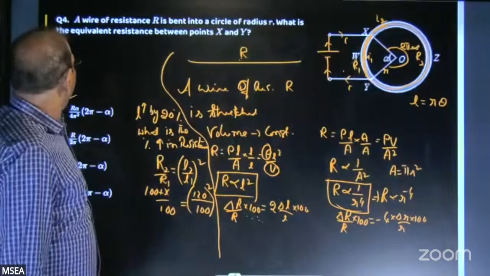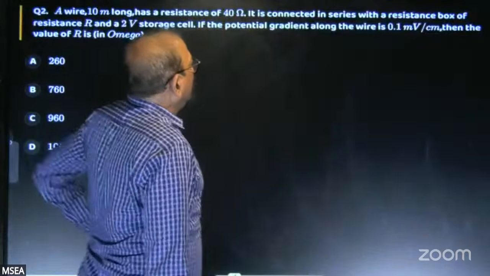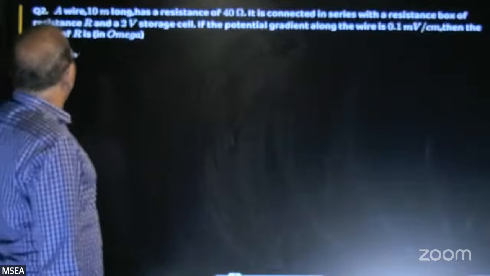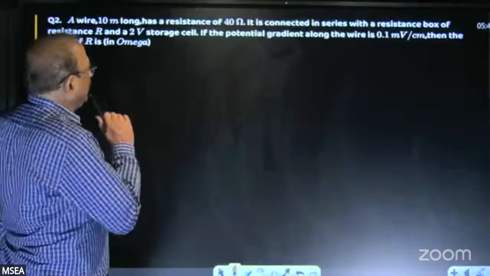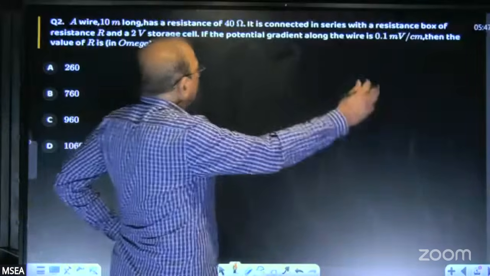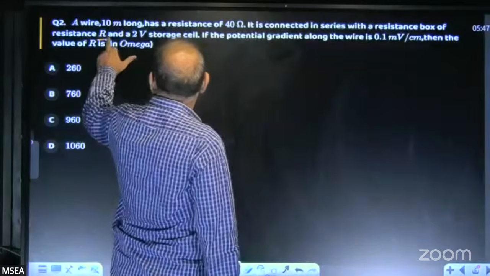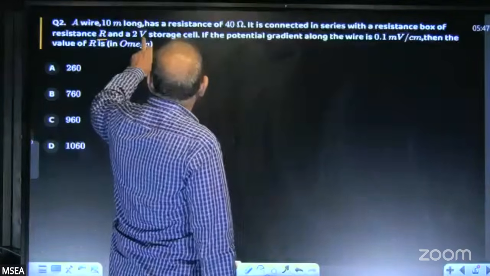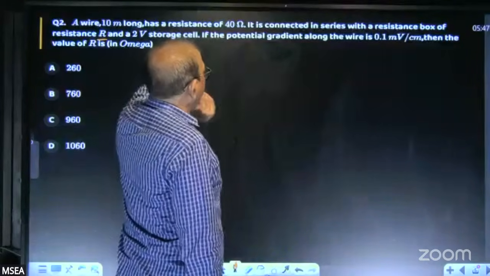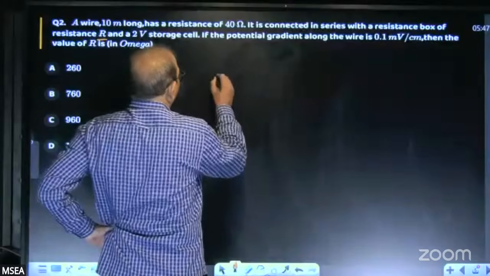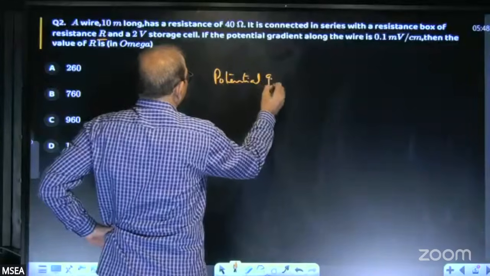Okay, so I'm going to the next problem. A wire of 10 meter length has a resistance of 40 ohm. It is connected in series with another resistance box of unknown resistance capital R and a 2-volt cell. The potential gradient they are giving.